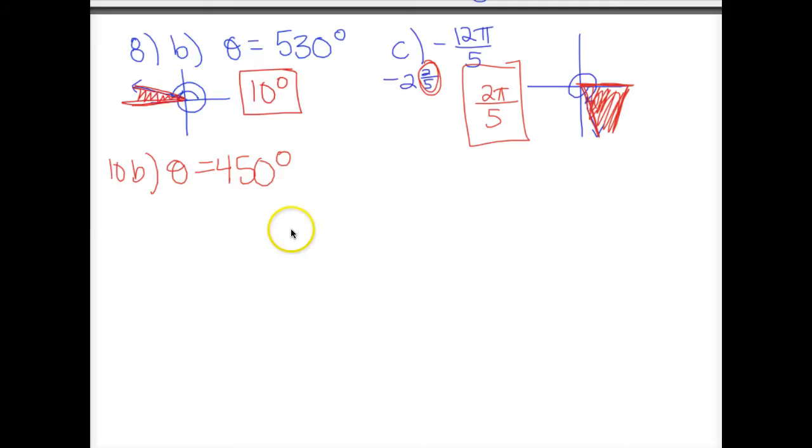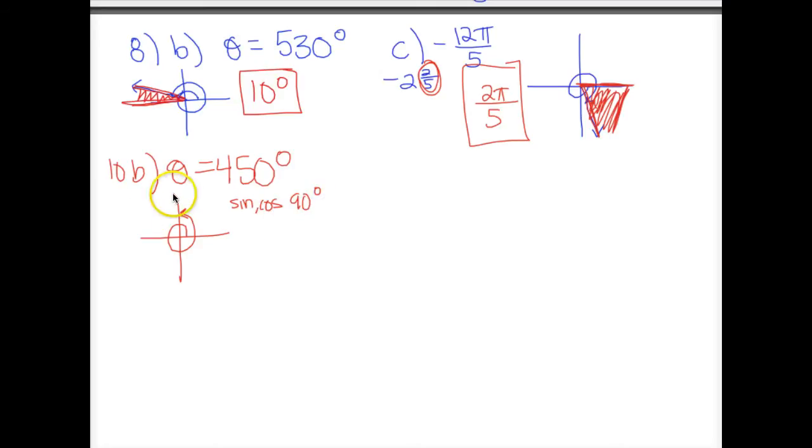So again, we can't find the sine and cosine if we don't know where 450 degrees is. 450 degrees is 90 degrees more than 360. So if I'm sketching it, I go to 360 and then I go 90 more. So it's right here. It's a quadrantal. It is coterminal with 90 degrees, which means that its sine and cosine are the same as that of 90 degrees.